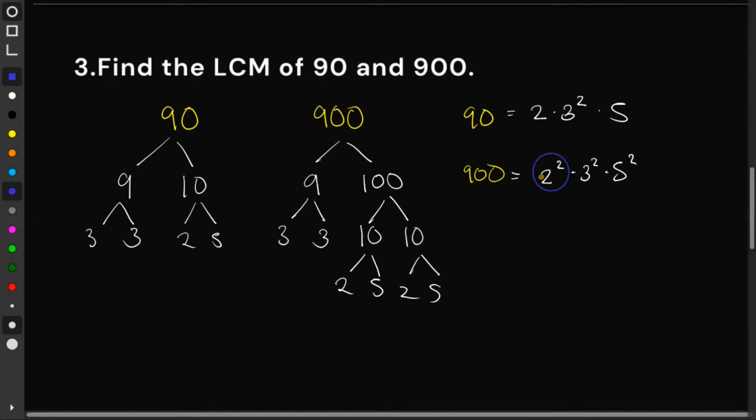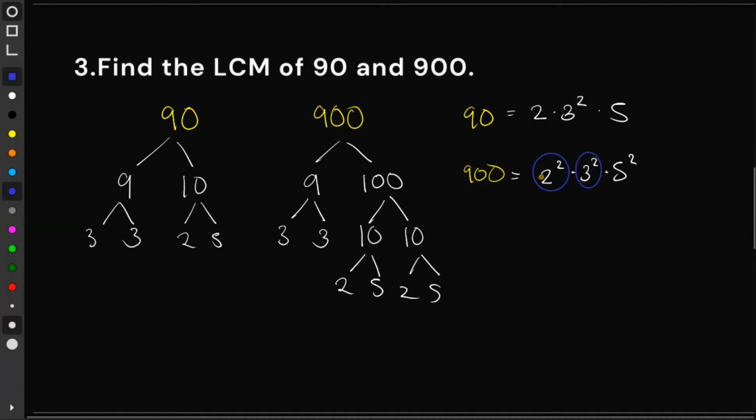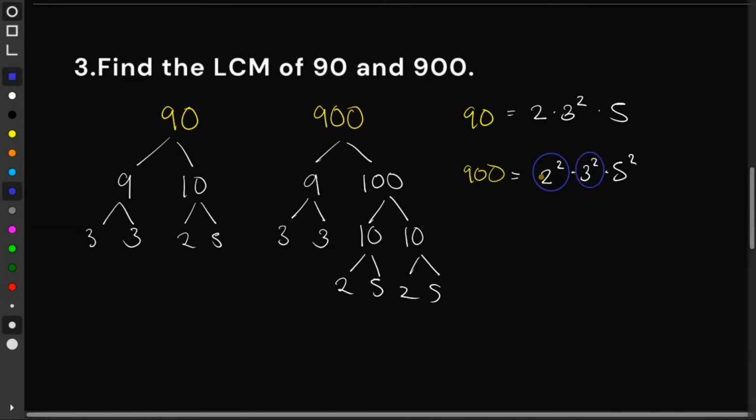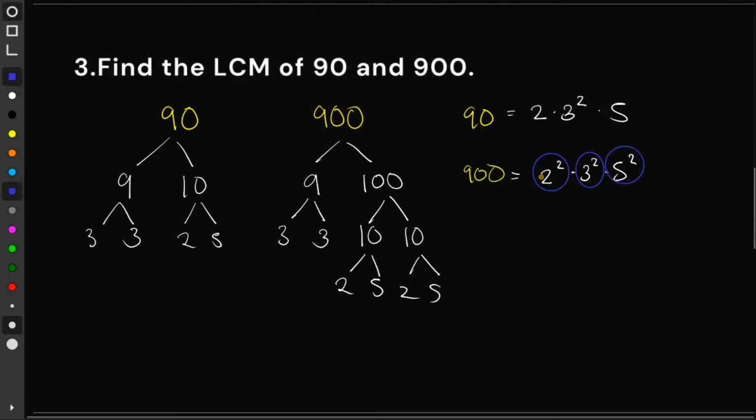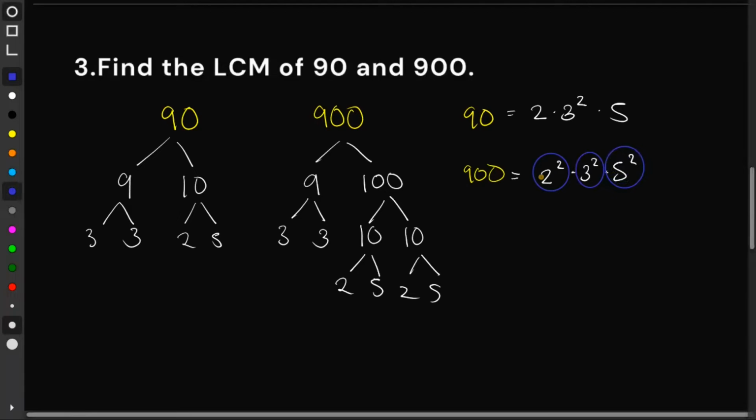So we circle that out. For the next one, since the 3 in both cases has the same exponent, we just choose either of them. So we have this one. And for the 5, this one has the higher exponent since it's 2, and the other one only has exponent 1.